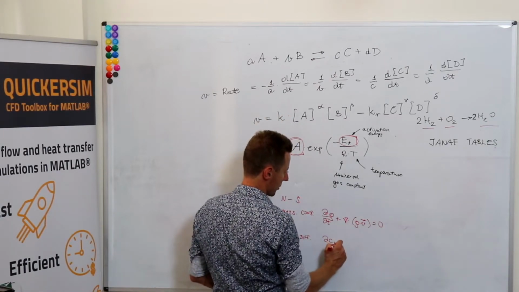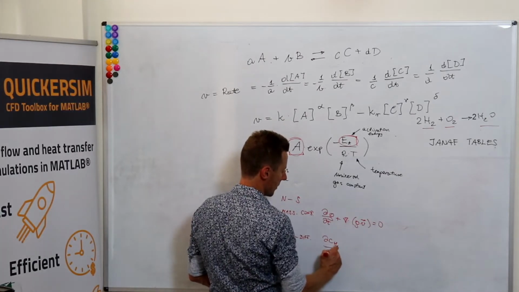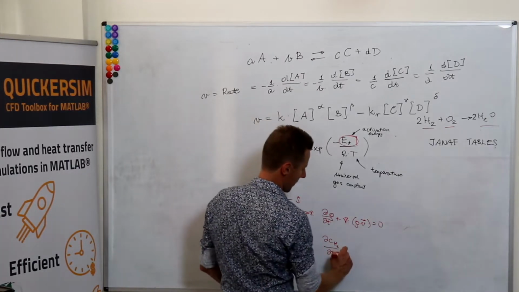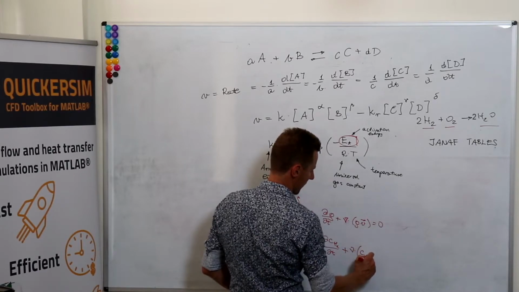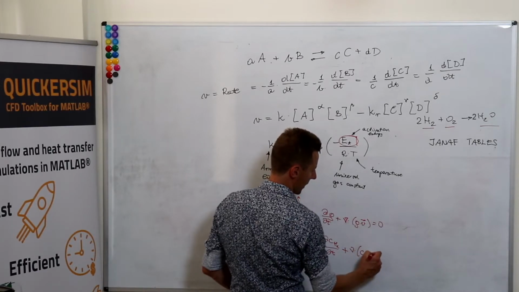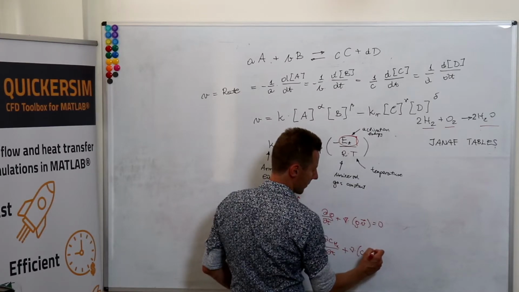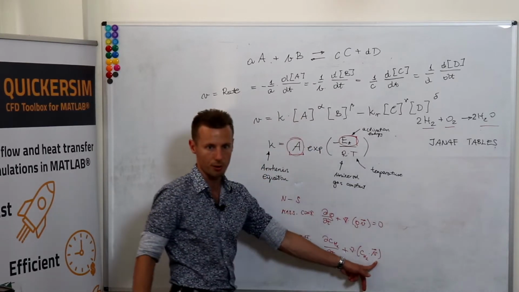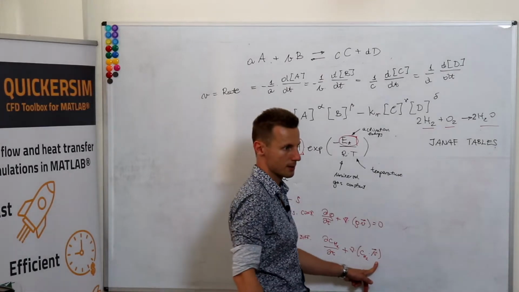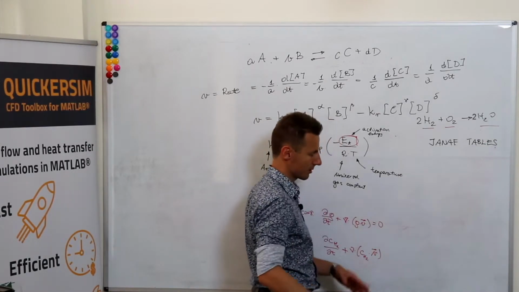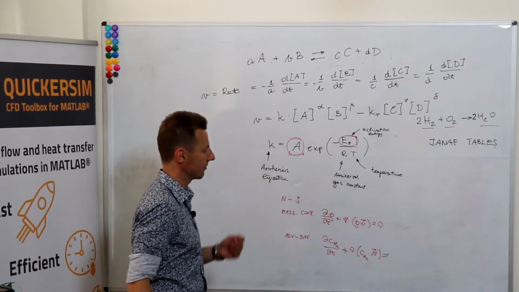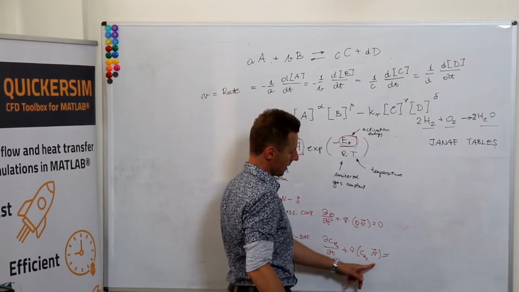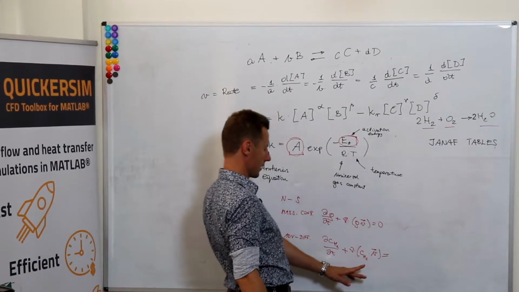This concentration of, let's say, H2 with respect to time plus divergence of the concentration of H2 times velocity. You've got just one velocity of the mixture of all gases. You haven't got distinct velocities for each component, for each element.